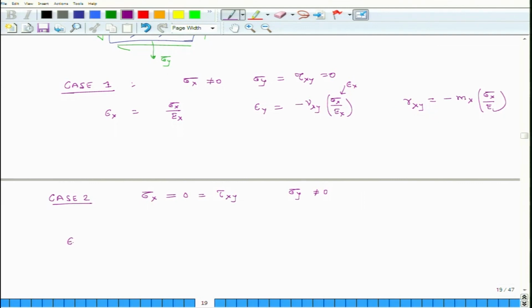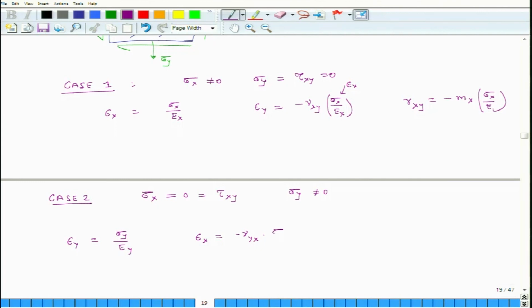So, epsilon y, so I am pulling it in the y direction. First thing is, epsilon y will be sigma y divided by Ey. Then epsilon x will be there because of Poisson's effect, and that will be equal to negative Poisson's ratio mu yx times the strain in the y direction.